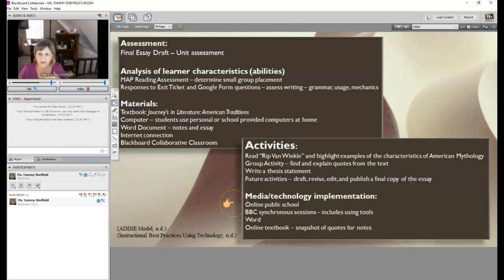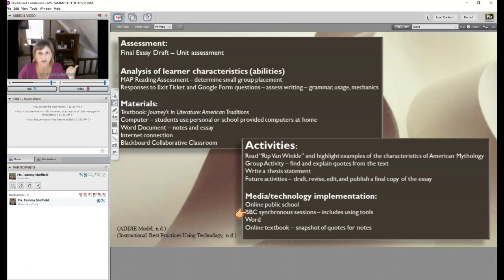All right, so the media and technology that we will be using, we'll be using our online public school, our LMS system that comes with that, the BBC Synchronous Sessions, which includes learner tools. For this one, we're mostly going to use the polling tools of Give Me a Green Check, but they will also use whiteboard tools.